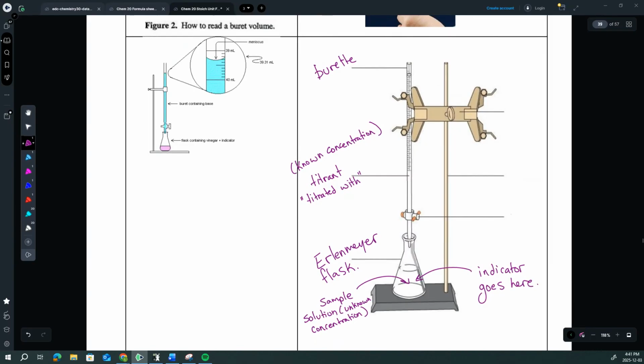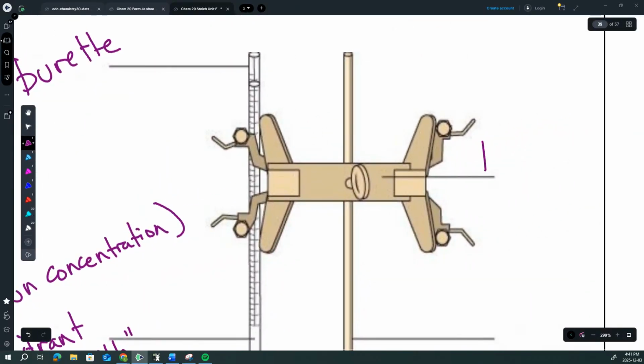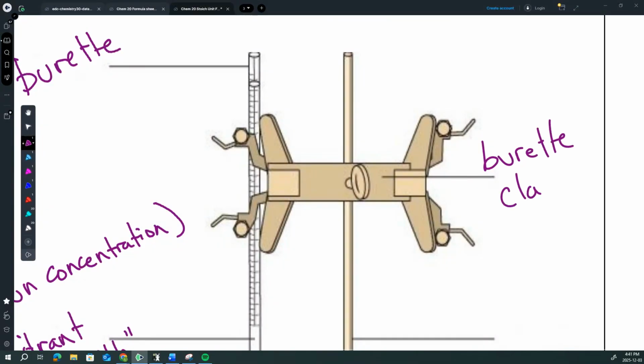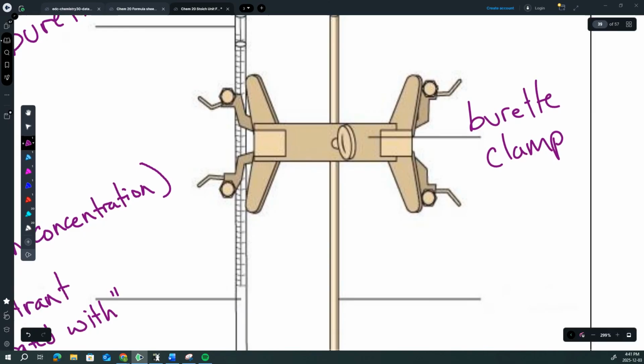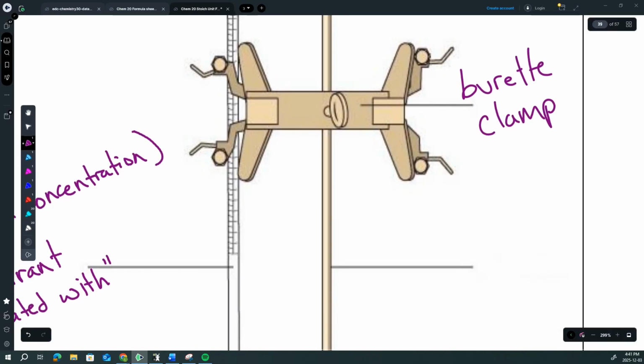The brown thing that's kind of holding up the burette, that is a burette clamp. And the burette clamp is on something called a ring stand.